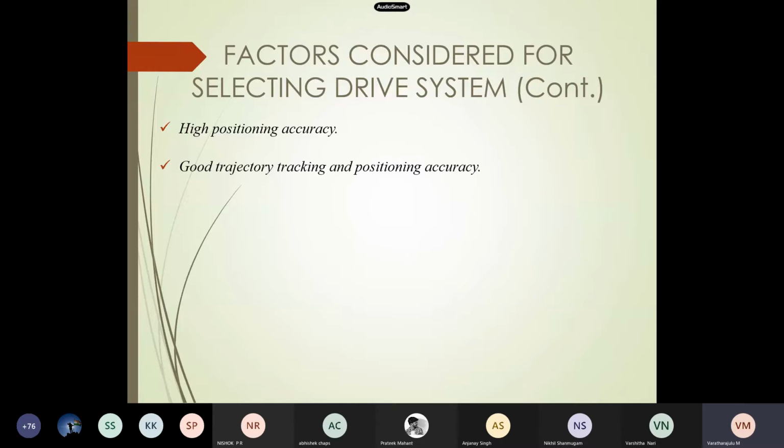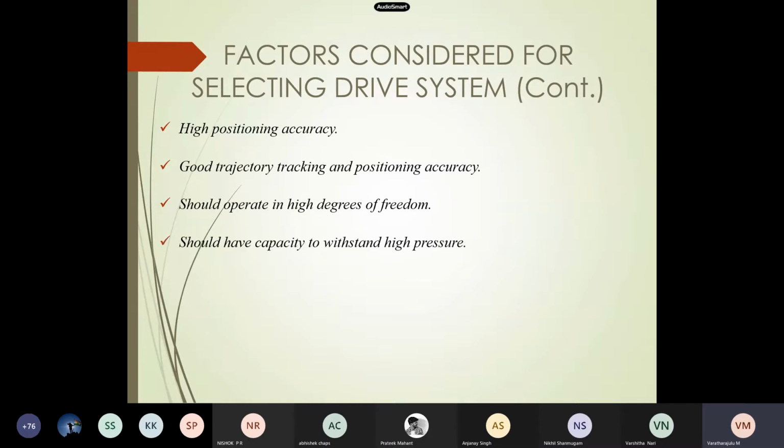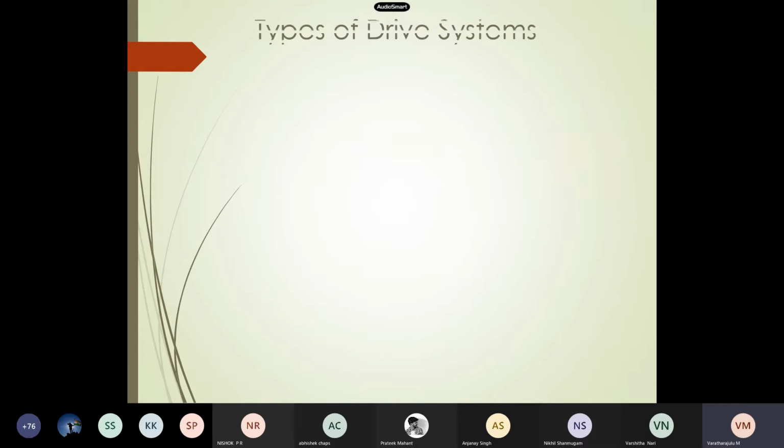As per our wish, as per the coding made, the trajectory should happen. For that also we need to be very conscious in the selection of the drive system. It should operate with a high degree of freedom, have the capacity to withstand high pressure, and the maintenance of gravitational acceleration force has to be considered.